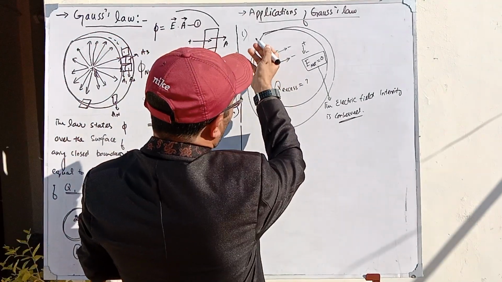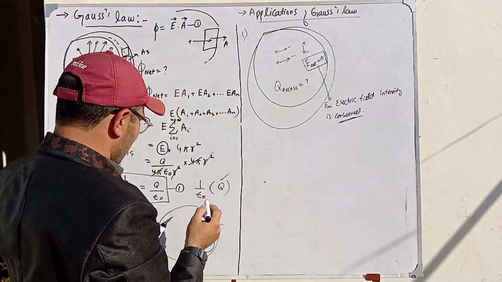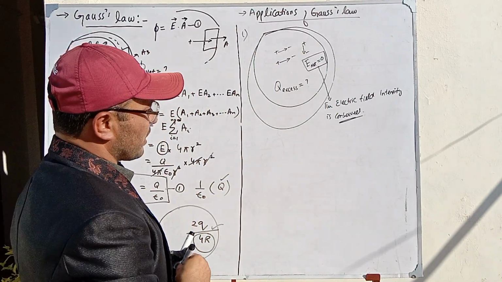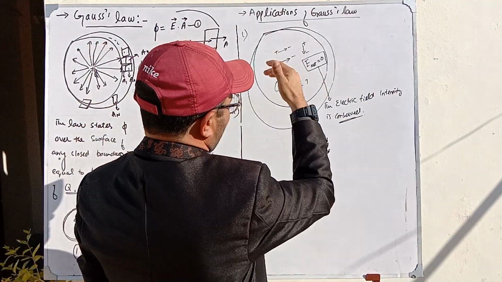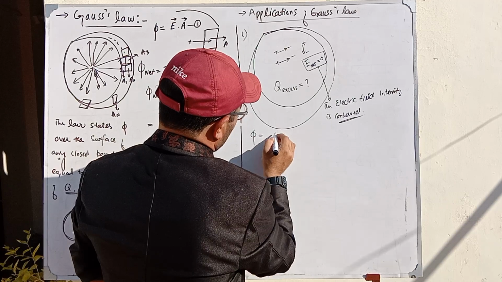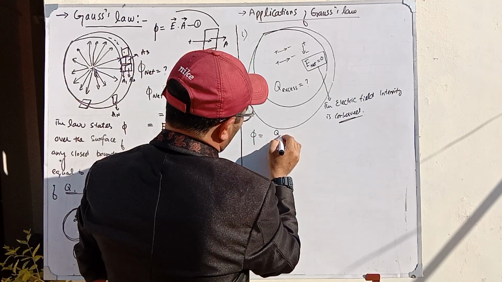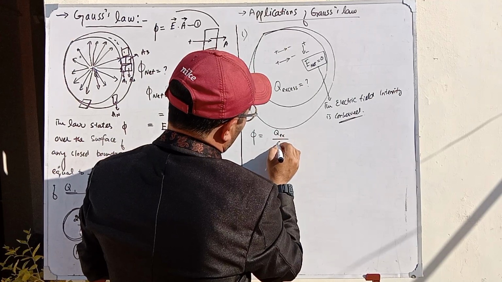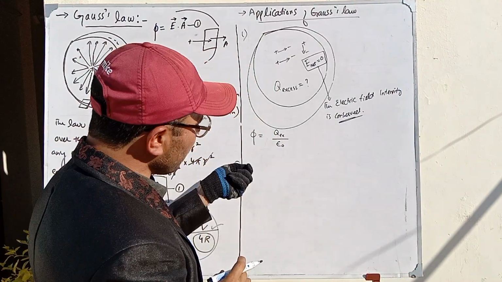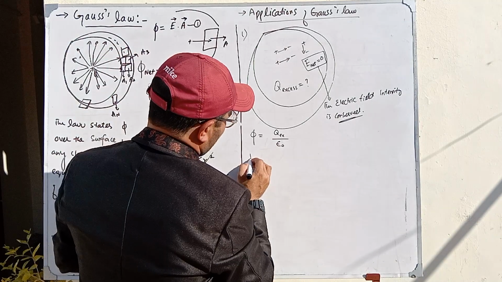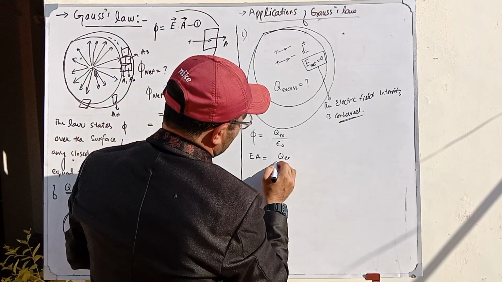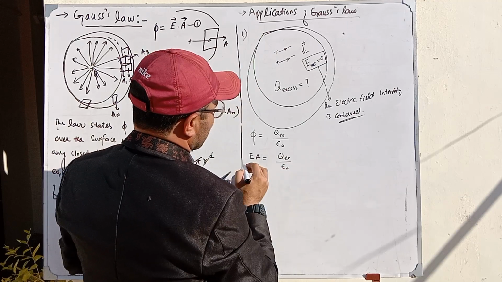So I will apply Gauss's law. This is the statement of Gauss's law, and to calculate the excess charges inside a conductor, I use flux equal to Q excess divided by epsilon naught, where the main formula for electric flux is EA equals Q excess divided by epsilon naught.